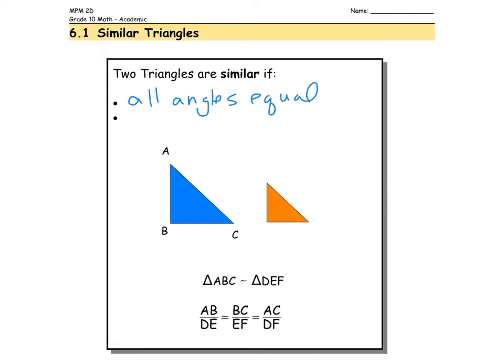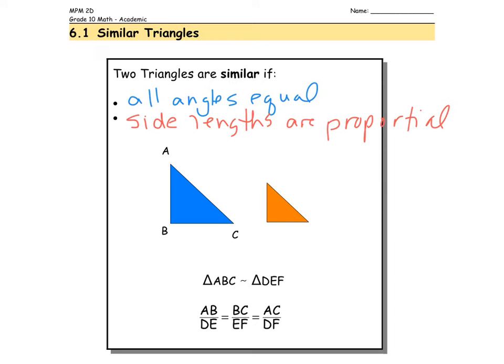And the second piece to that is that the side lengths are proportional. Now, what does proportional mean? It means that the ratio of the sides is the same value. And I'm going to talk about that in a little bit.